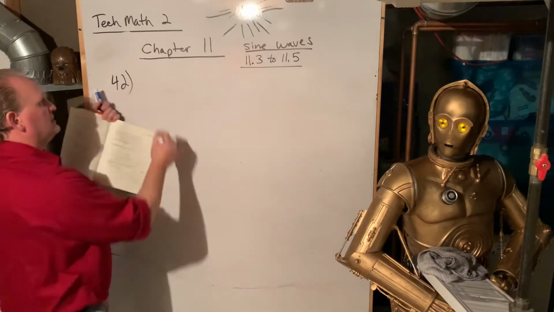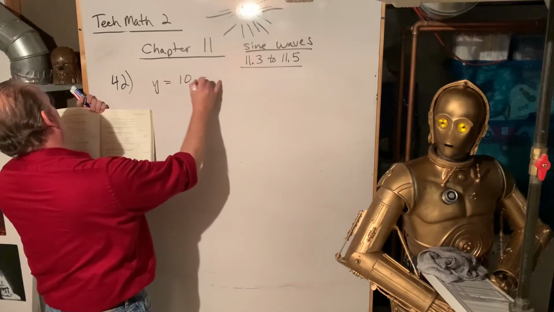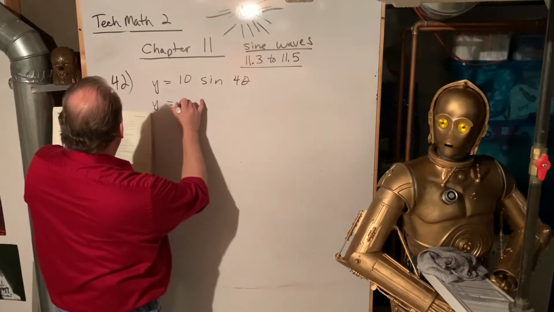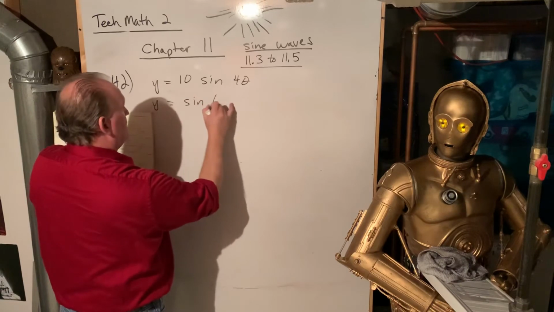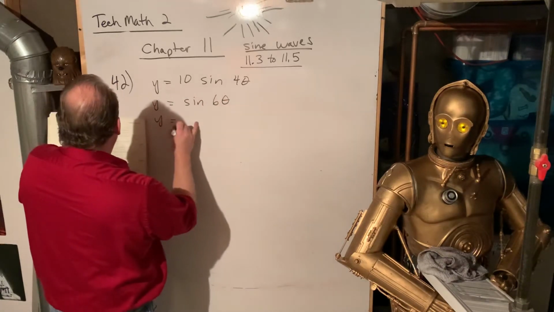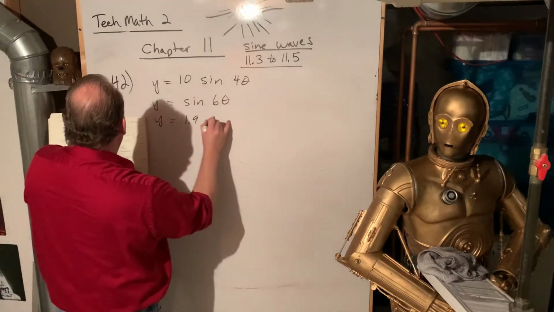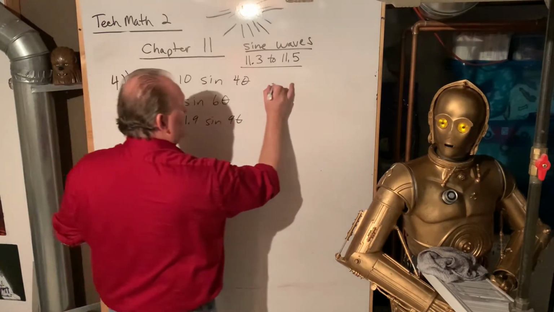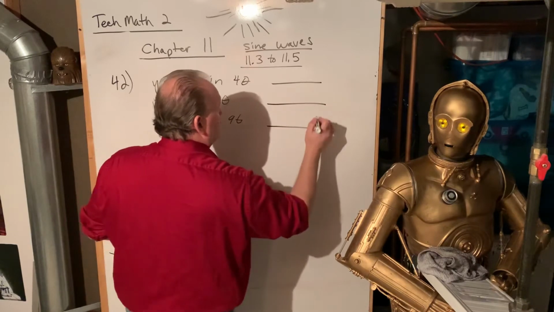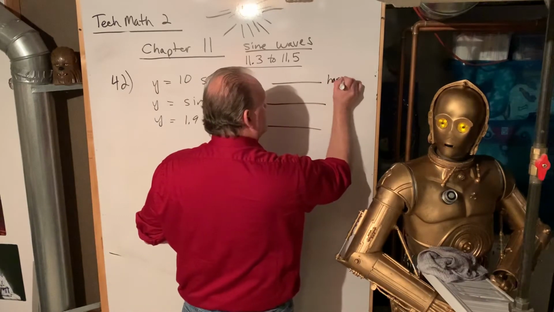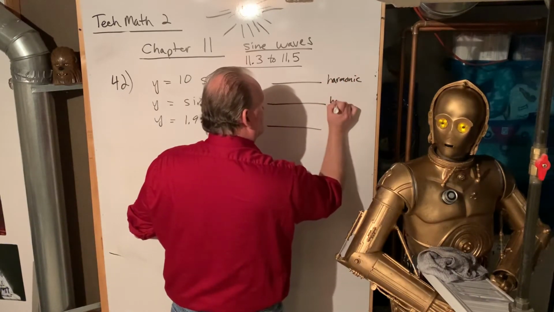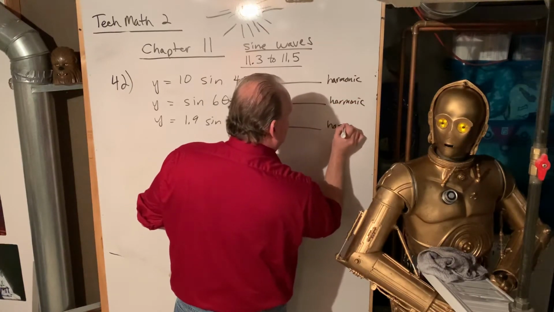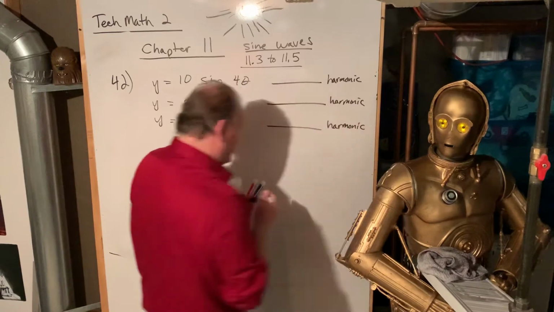We got y equals 10 sine 4 theta, y equals sine 6 theta, and y equals 1.9 sine 9 theta. And they want to know what degree of harmonic each one of these are. Which is just a fancy way of saying how many cycles happen between 0 and 360.